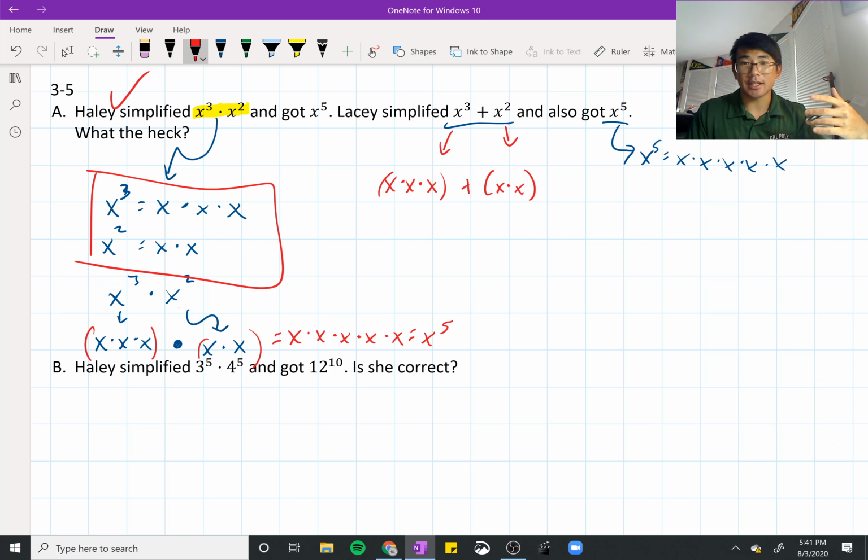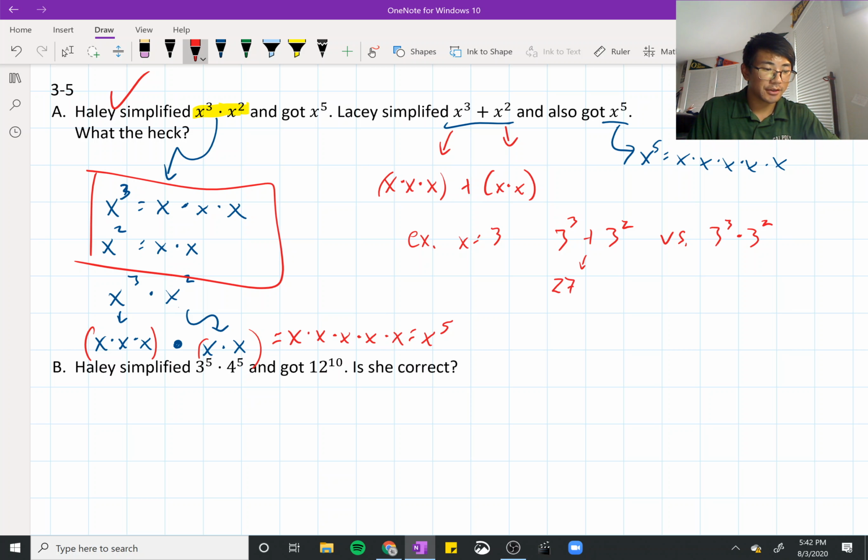And we can do this with an example if we really wanted to. Let's just pretend, as an example, that x equals 3. So if I have 3 cubed plus 3 squared versus what Haley did, 3 cubed times 3 squared. 3 cubed is actually 27, and 3 squared is actually 9, which will leave us with a final answer of 36.